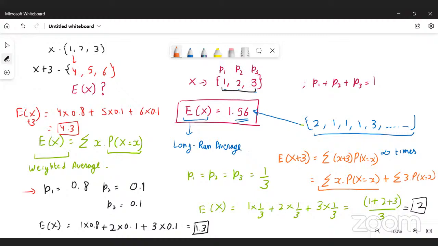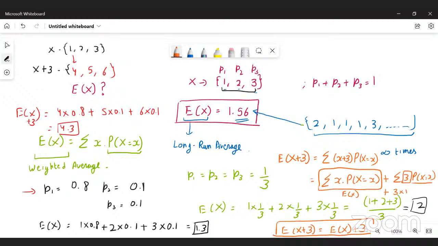If you recall, this is nothing but the expected value of x, right? Plus this 3 is just a constant, and you know, if you add up all the probabilities, it should add up to 1. So it would be 3 times 1. So in general, what we got is that the expected value of x plus 3 is nothing but the expected value of x plus 3.